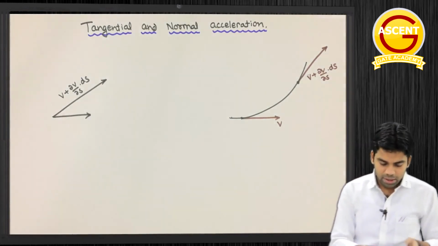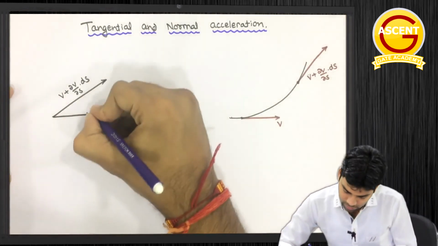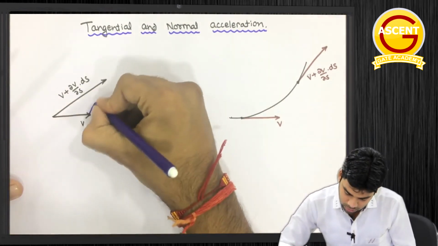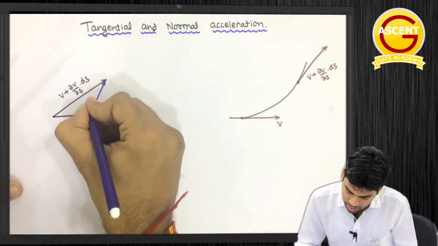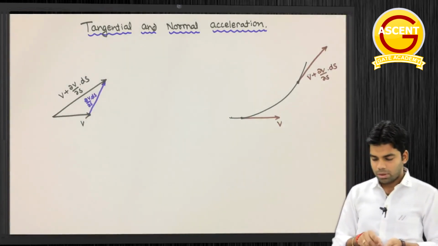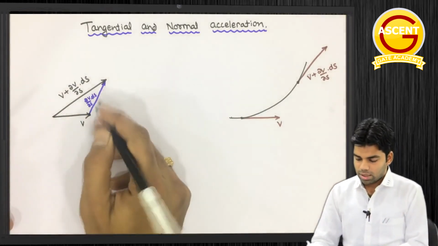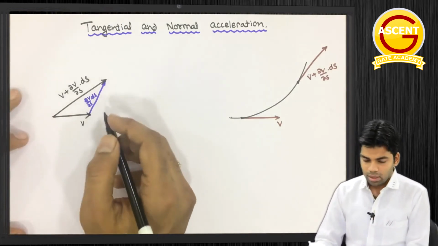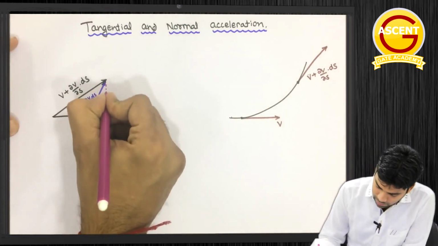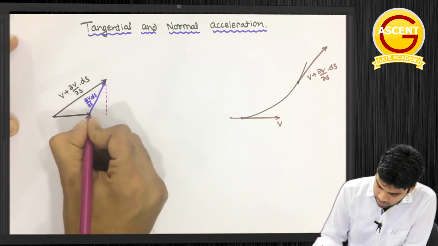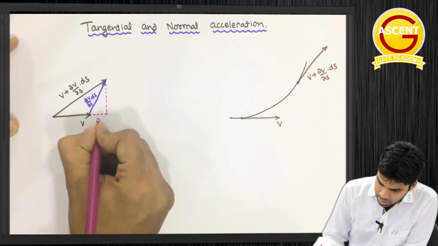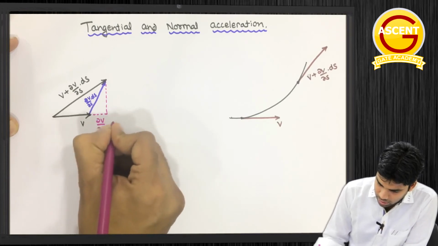The remaining vector will be the difference between the two, which is del v by del s into ds. This change in velocity has two components: one is the perpendicular component, and the second is along the path.